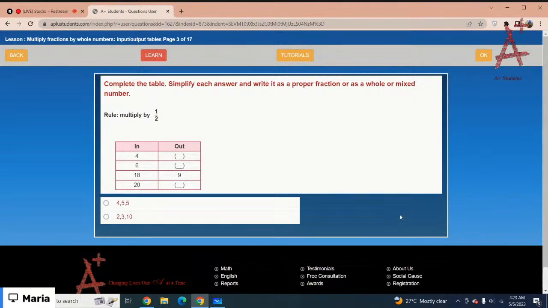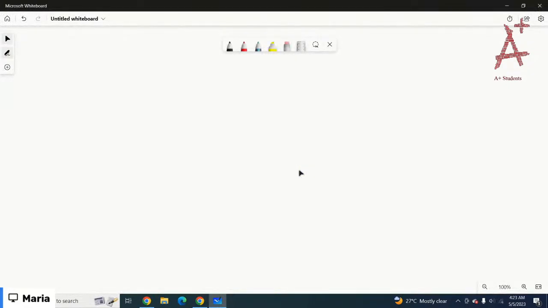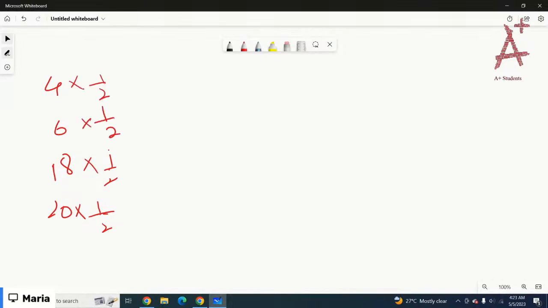You have to multiply each value by 1 over 2. 2 times 1 is 2 and 2 times 2 is 4, so it would be 2. 2 times 1 is 2 and 2 times 3 is 6, so it would be 3. 2 times 9 is 18 and 2 times 10 is 20. So it would be 2, 3, 9 and 10.